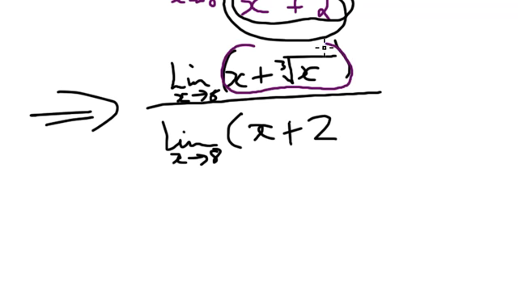Okay, so we are now at this stage, and then you can break it down even further. Finding out the limit of this is the same as finding out the limit of this, and then the limit of this, and the same goes down here.